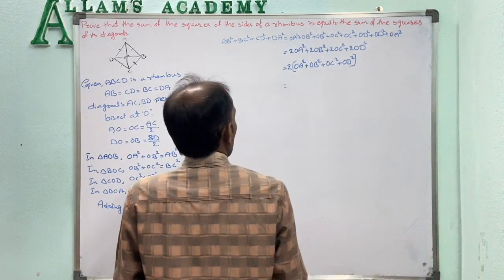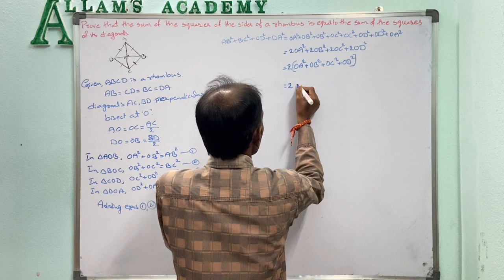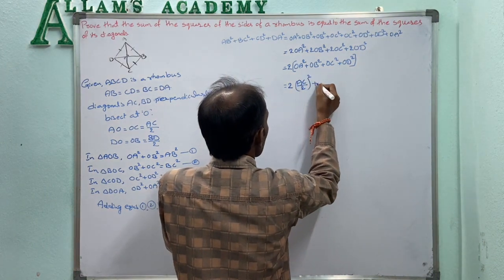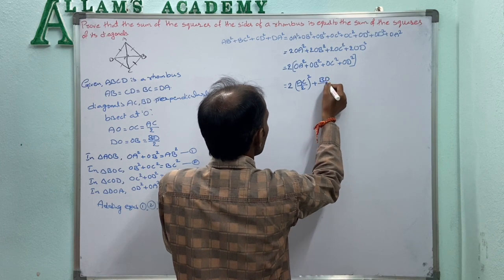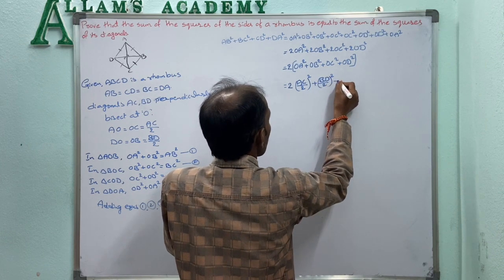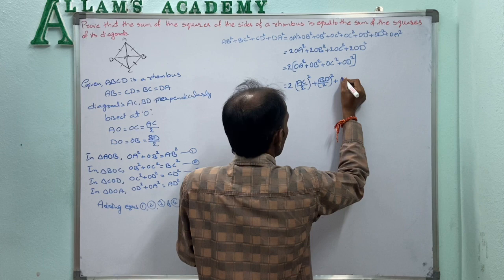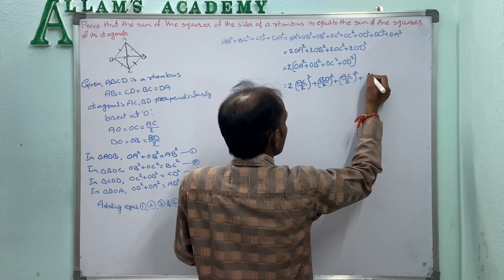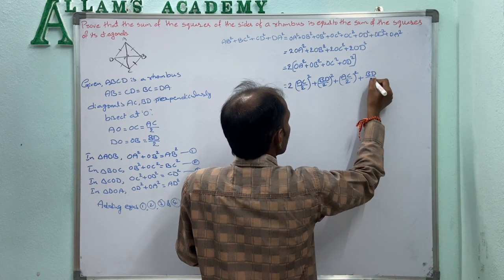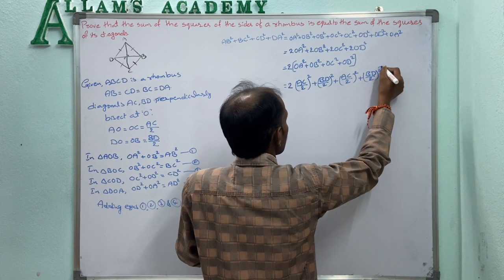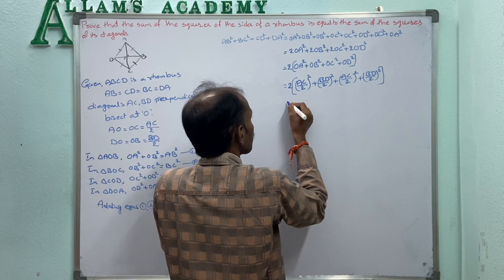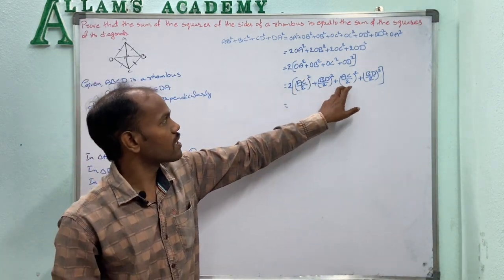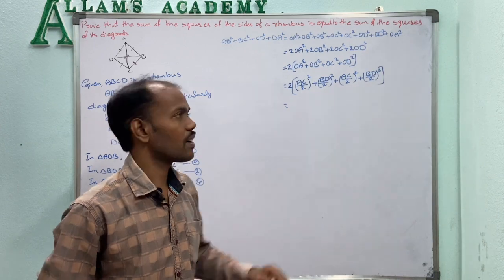So if we write that, it is AC by 2 whole square plus BD by 2 whole square plus OC, that is AC by 2 whole square, plus OD, BD by 2 whole square. Now here AC by 2 whole square came twice, BD by 2 whole square came twice.